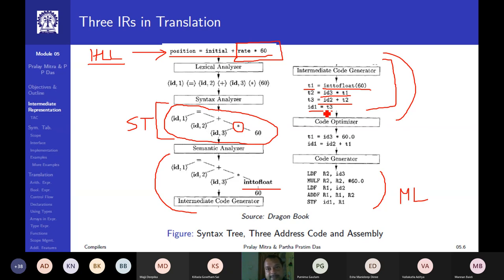And if that is the case, then how do I manage the name of the variable? One solution you may think of, as you have done in the C programming language, is that I dynamically allocate the memory.